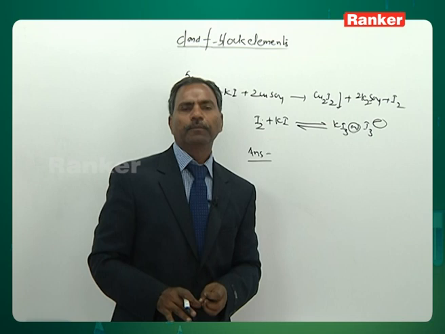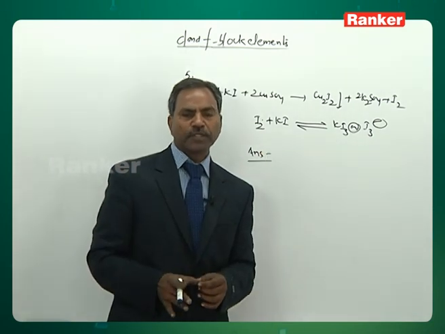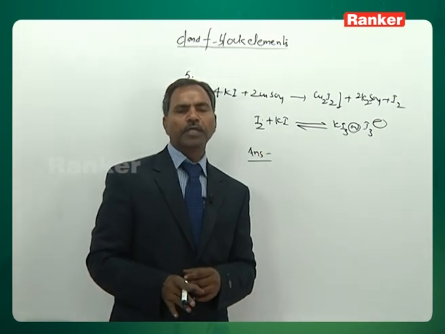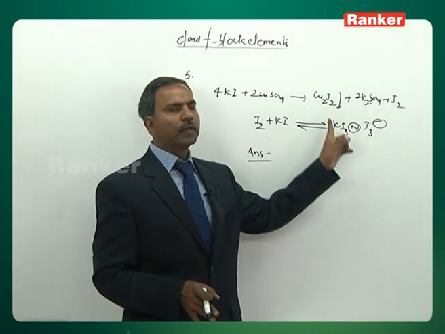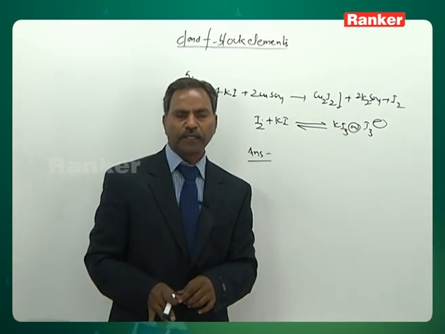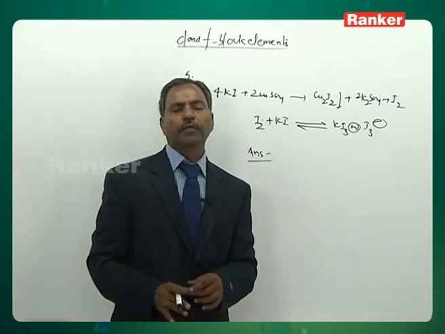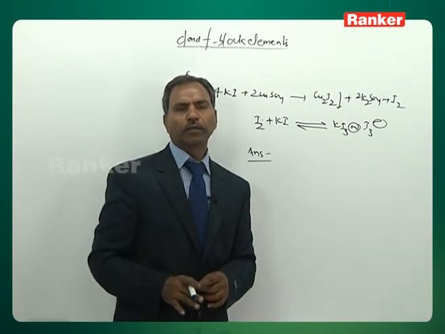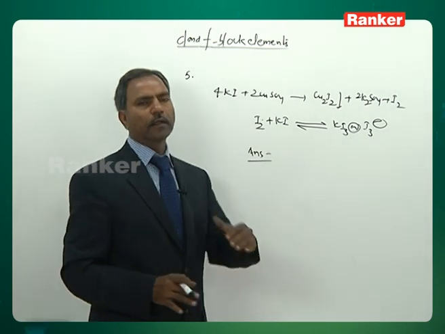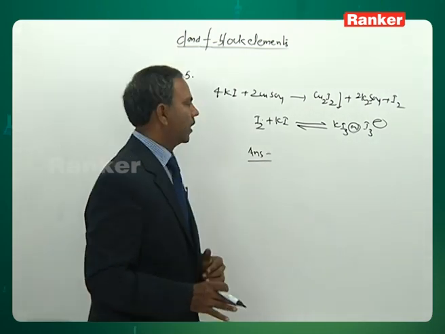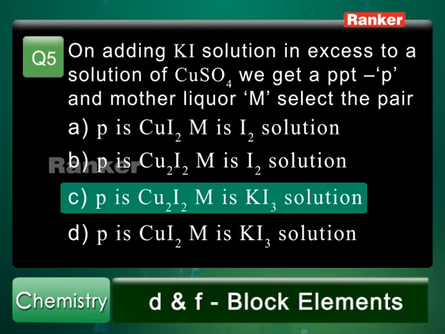Therefore, in option C, P is Cu2I2 precipitate and KI3 is soluble in water. So option C is the answer. It is very important to remember this question, as it appears in different exams. Answer C is the correct answer here.